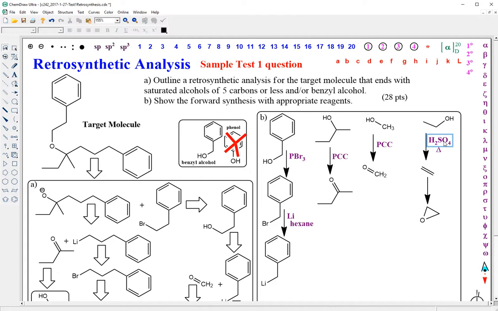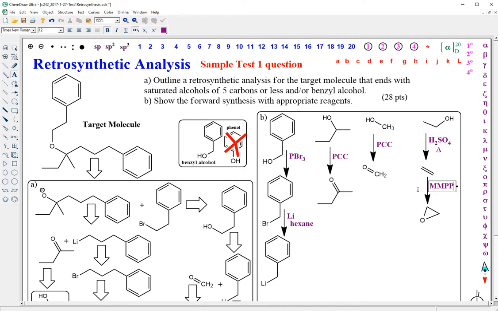How do we convert an alkene into an epoxide? There are several ways. A per acid is usually the fastest way. Monomagnesium perphthalic acid is a good one. Metachloroperbenzoic acid is another one. Peracetic acid is yet another.